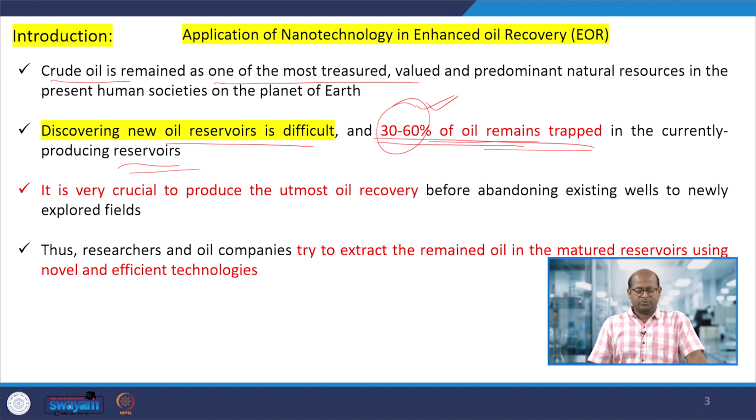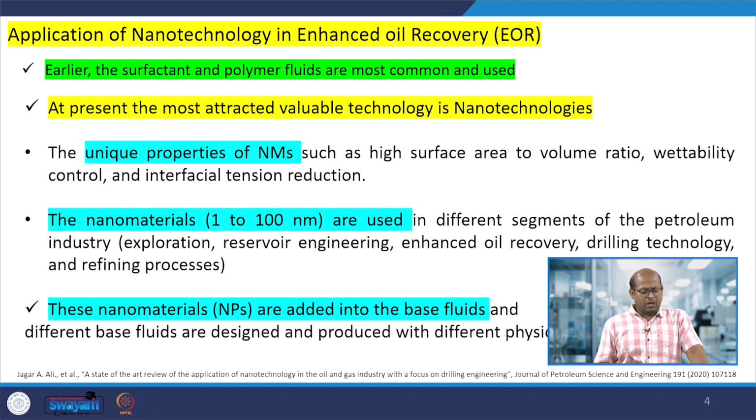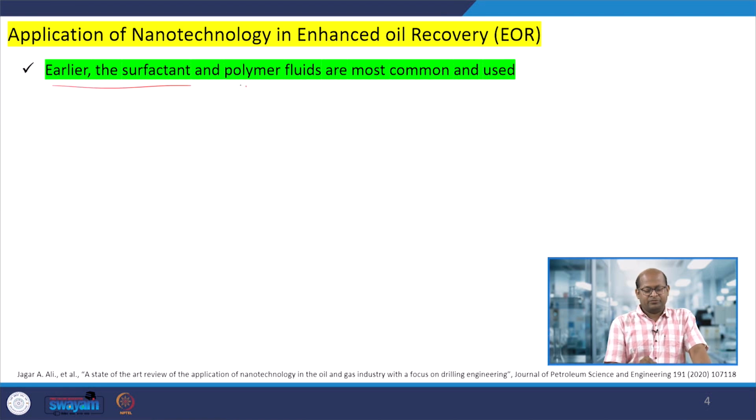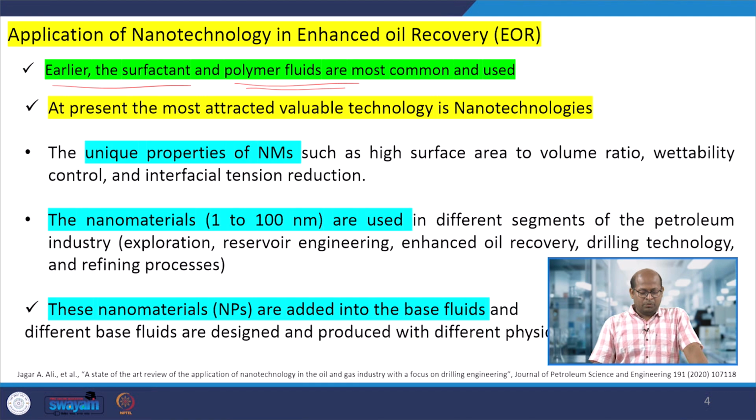From the chemical engineering point of view, there are different methods to get those trapped oils. Earlier, different types of surfactant or polymer fluids were commonly used to recover the trapped oil present in different rocks or reservoirs. But here we have different types of nanomaterials, which have unique properties such as a high surface area to volume ratio.